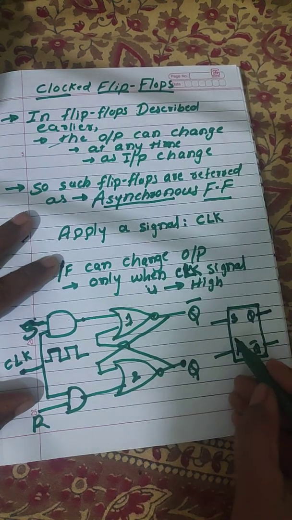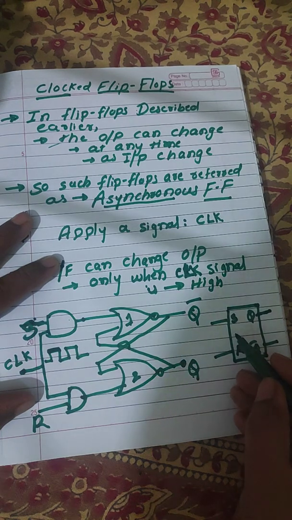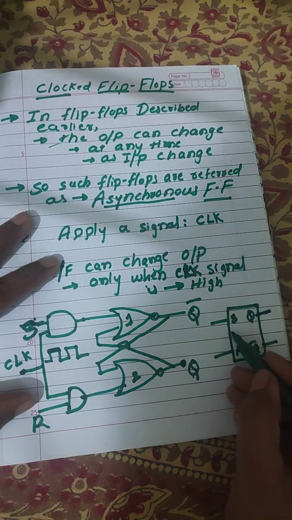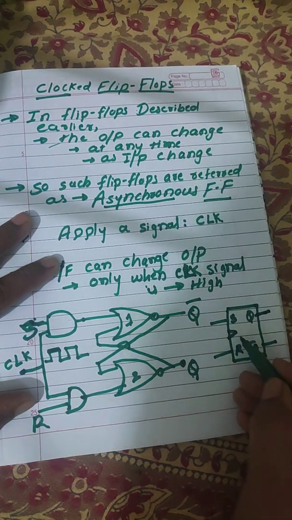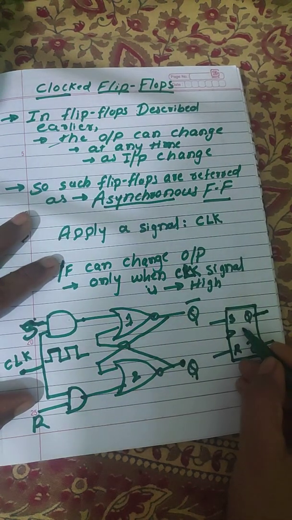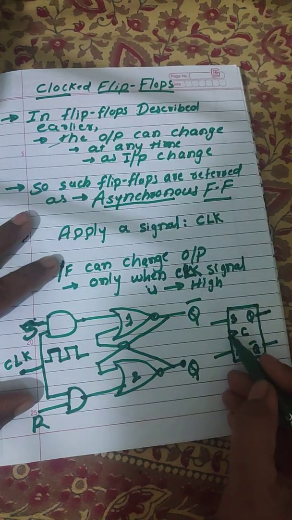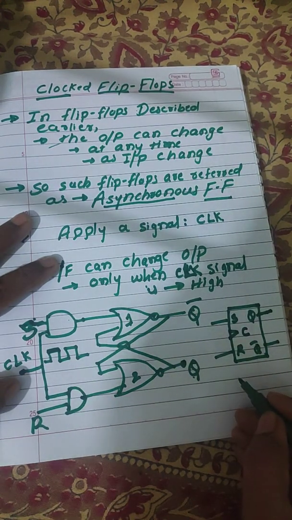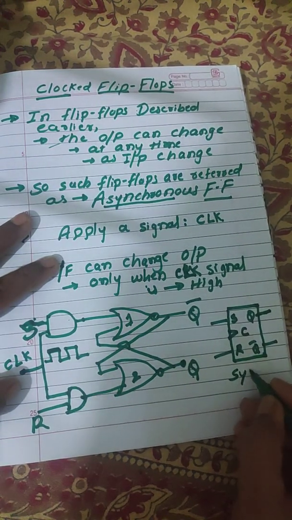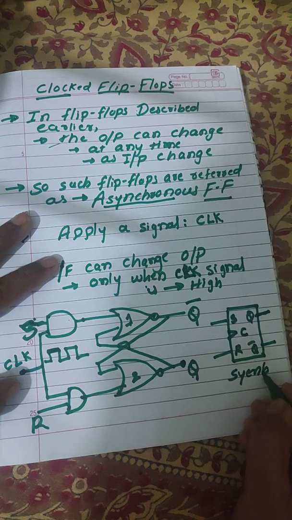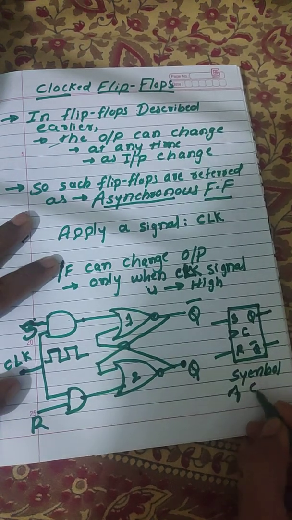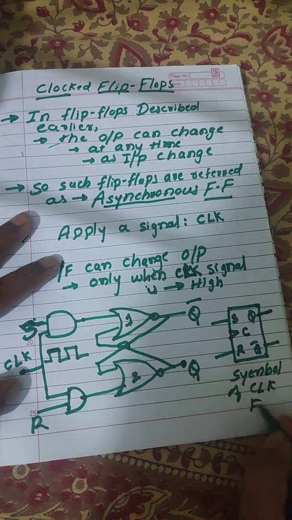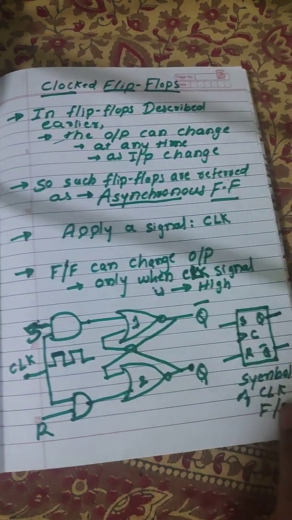And this is the ordinary SR flip-flop. How is the symbol of the clocked flip-flop? Here we show a notch representing C, where we feed the clock signal. This is the symbol of the clocked flip-flop.